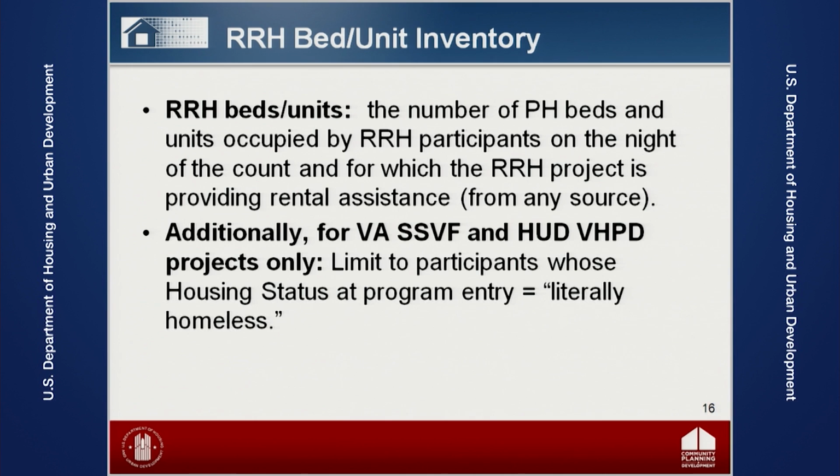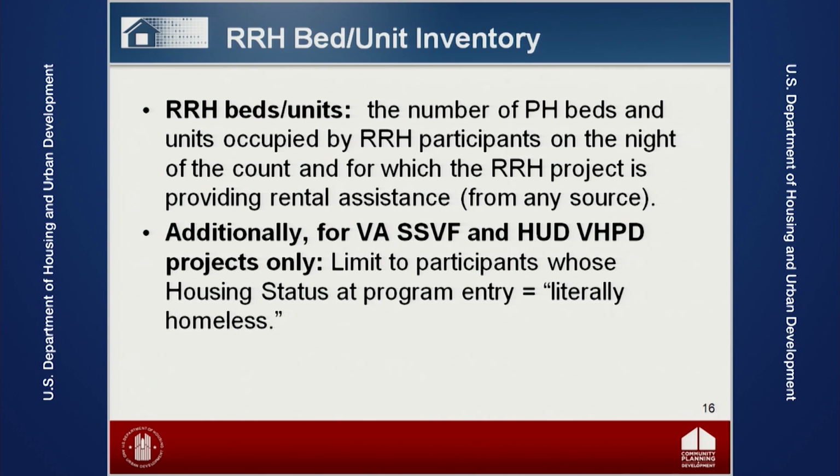Therefore, COCs should only count rapid rehousing beds and units based on the actual number of current participants being served on the night of the count who are actively enrolled, who are no longer homeless and are in permanent housing on the night of the inventory count, and who are receiving rental assistance from the rapid rehousing project.